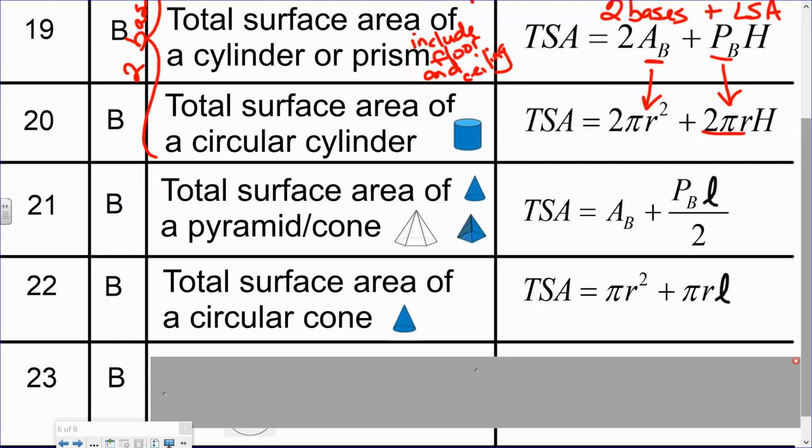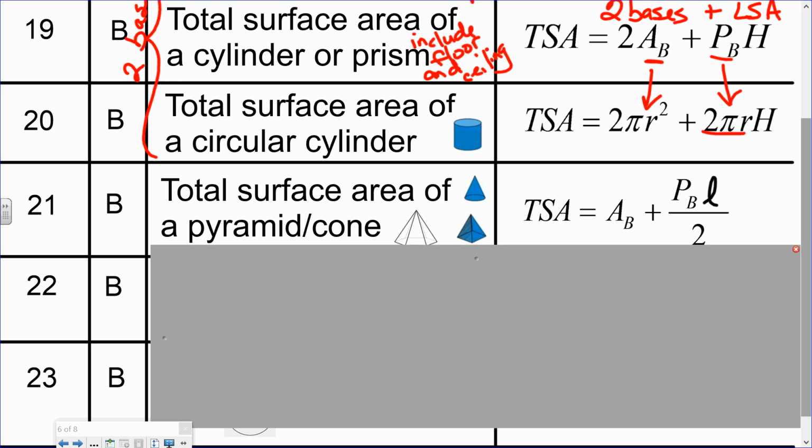We'd have to add them up together. Total surface area would be one base. And then because these sides are triangles, if it's not a cone, if it's a pyramid, little b times little h divided by 2 for one triangle, so it kind of looks like that.